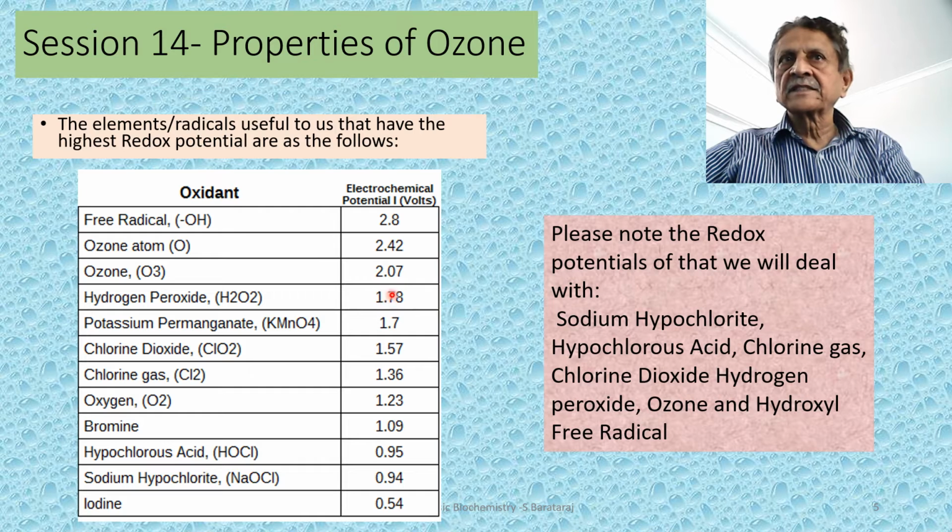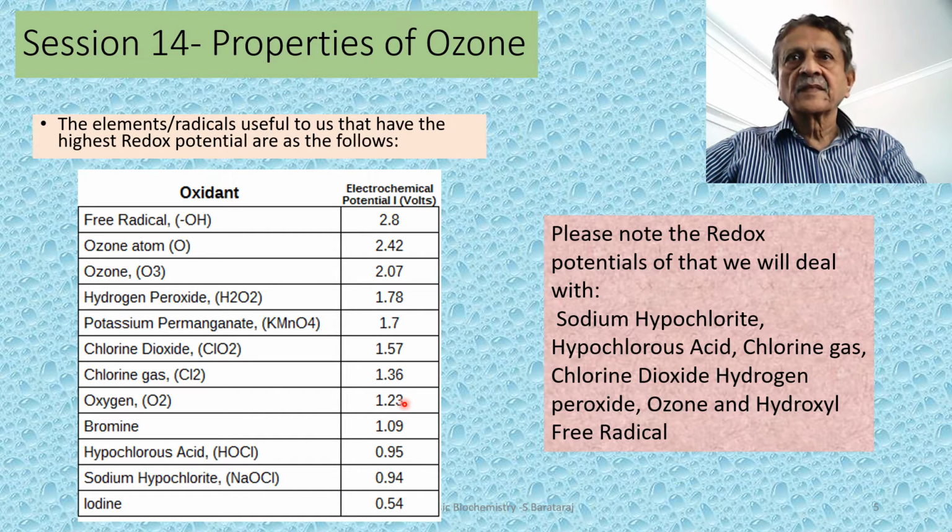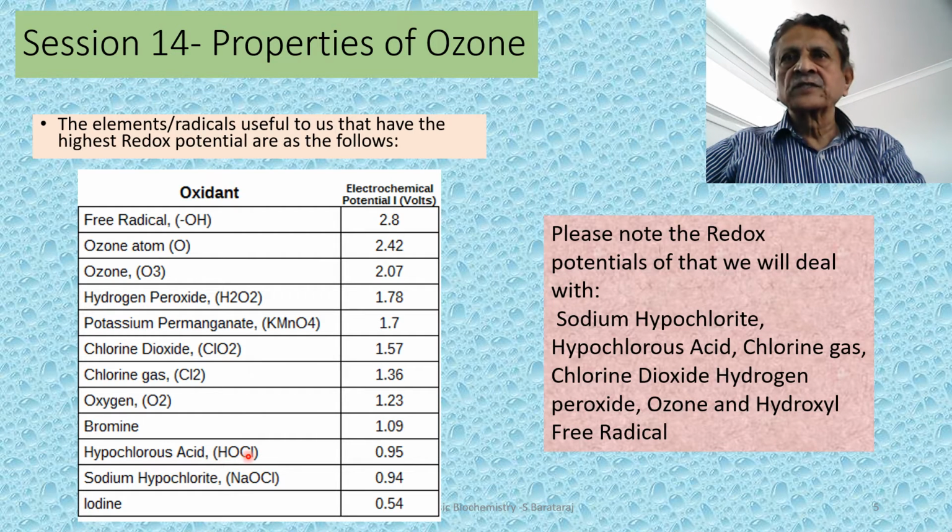Hydrogen peroxide comes further down below ozone. Chlorine dioxide is higher than chlorine gas itself, which is higher than oxygen. And the liquid chlorine, which is used in the swimming pool, is virtually in the form of HOCl, which has 0.95 volts.